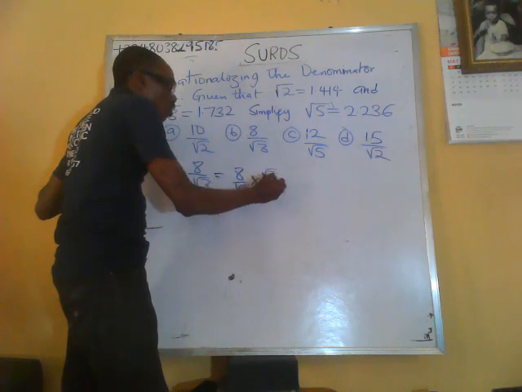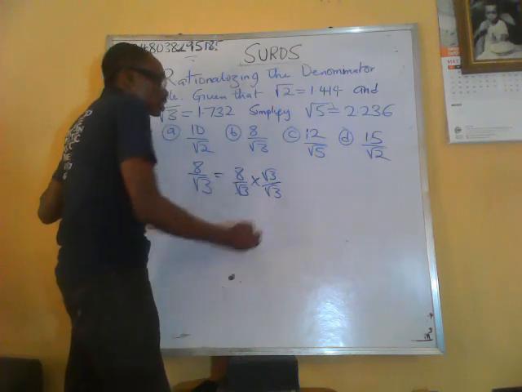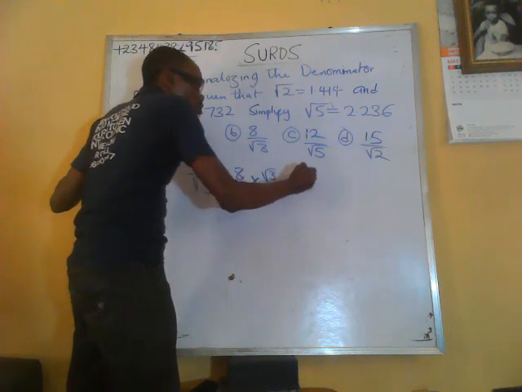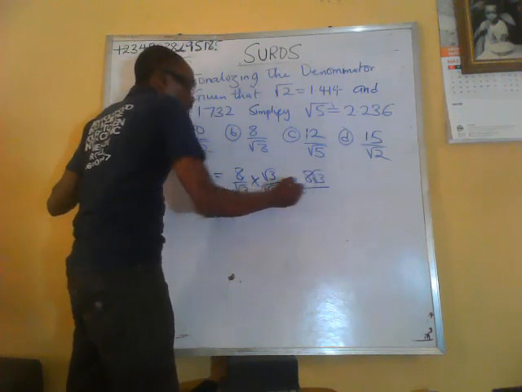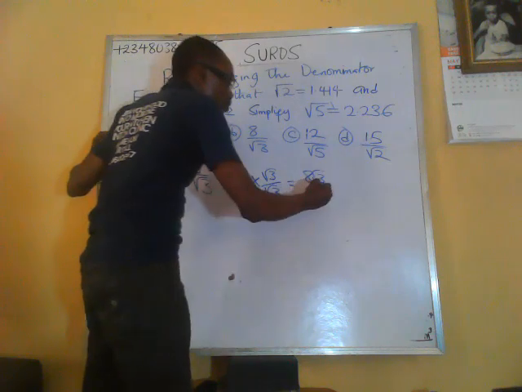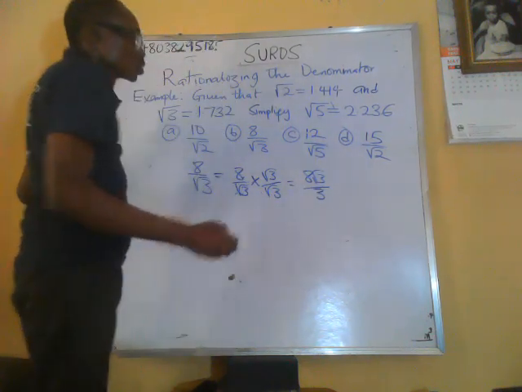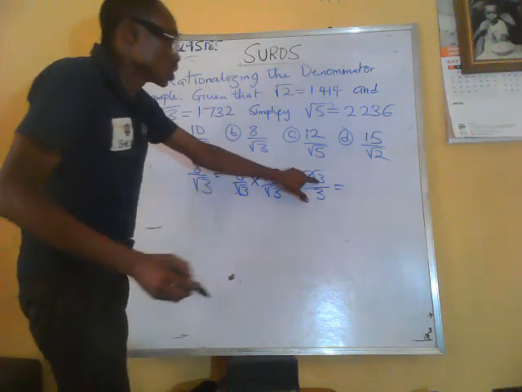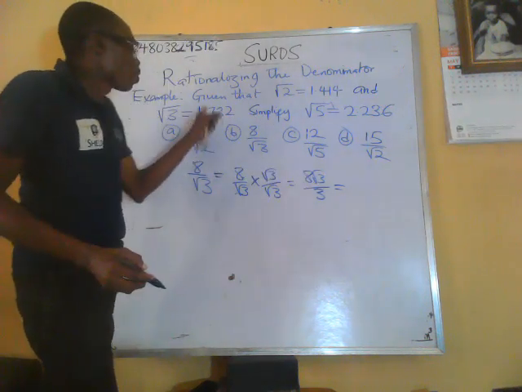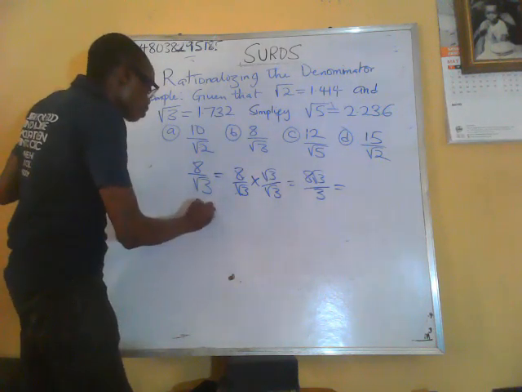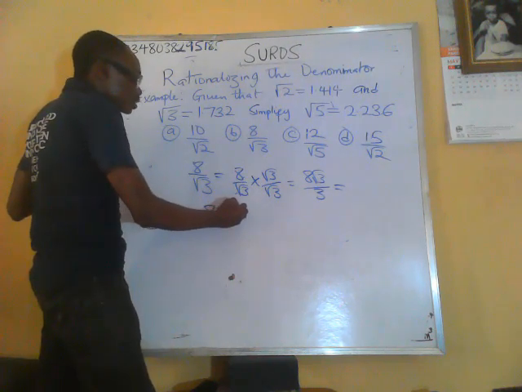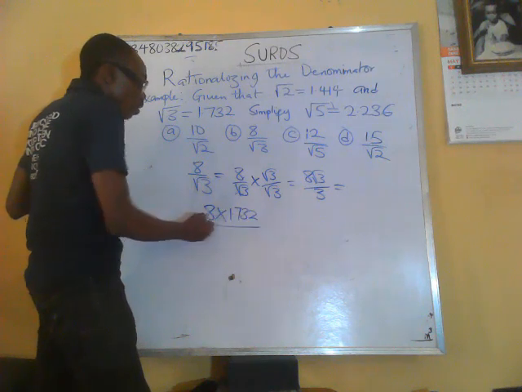So 8 times root 3 gives you 8 root 3, then root 3 times root 3 gives you 3. Root 3 is 1.732, so you have 8 times 1.732 all over 3.